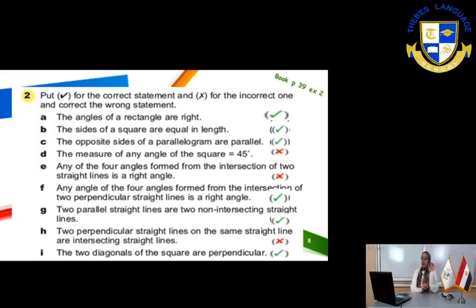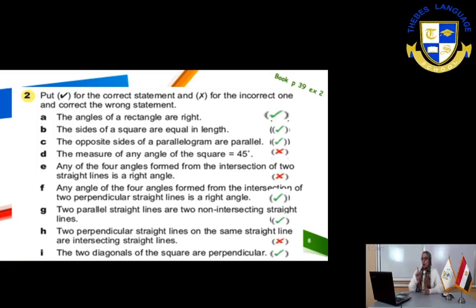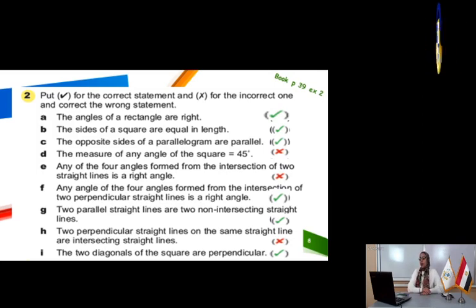This, intersecting straight lines, wrong. If they are right angles, they will be perpendicular straight lines. So this statement is wrong and the correction will be, we will cross out intersecting and write perpendicular.